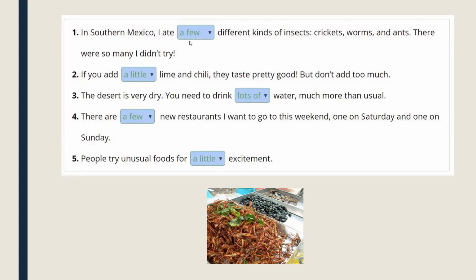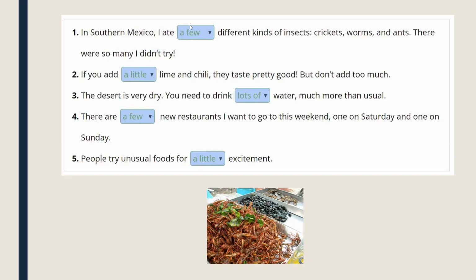Okay. So let me try to read again. In southern Mexico, I ate a few different kinds of insects. Crickets, worms, and ants. There were so many I didn't try. Okay, so here I have a negative sentence, but the first one, affirmative.